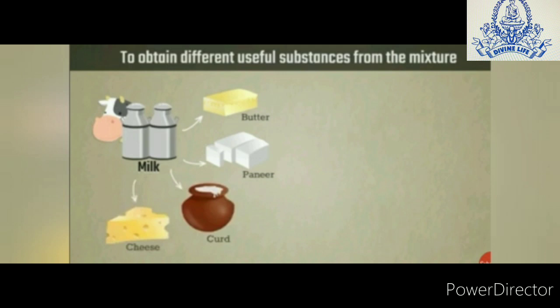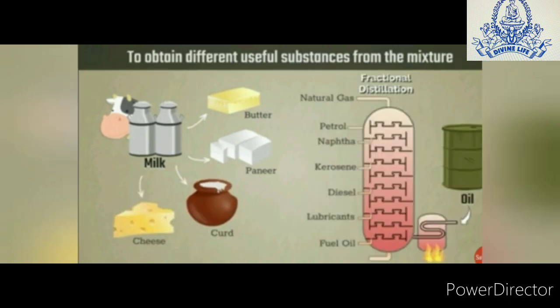Now next, a mixture is separated to obtain useful components. For example, butter is a useful component which is separated from a mixture called milk. Another reason for separating a mixture is to obtain a pure sample of a substance.